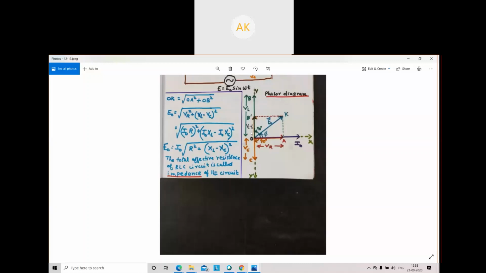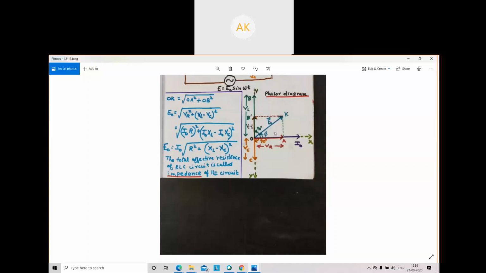So here we represent VL minus VC. For example, 5 minus 2 equals 3, so with a 3 centimeter length we represent OB dash equal to 3. Like that example I told you. Now the resultant of VL and VC we got is VL minus VC.